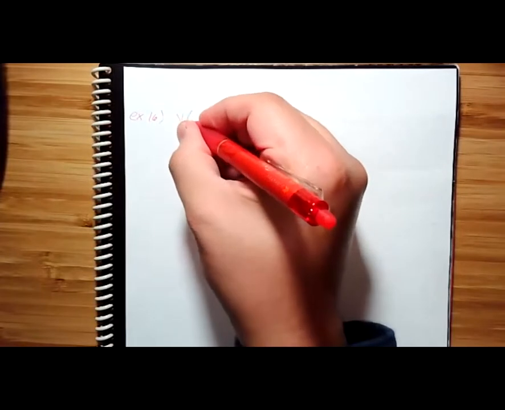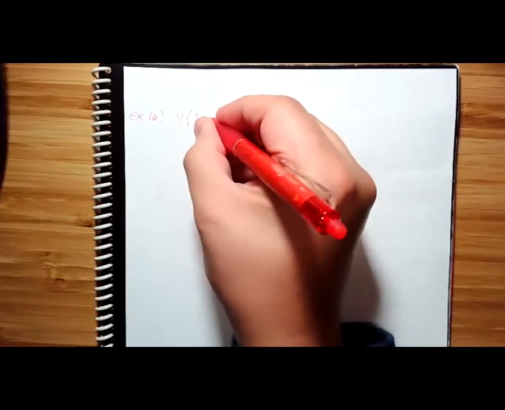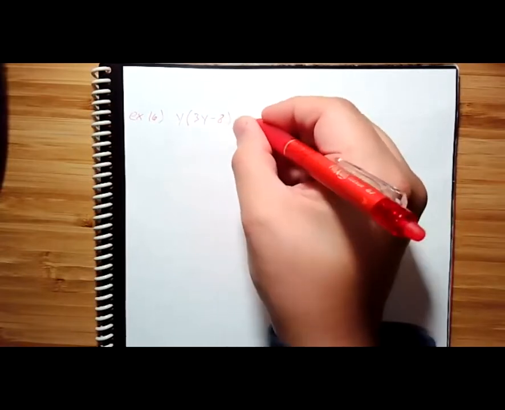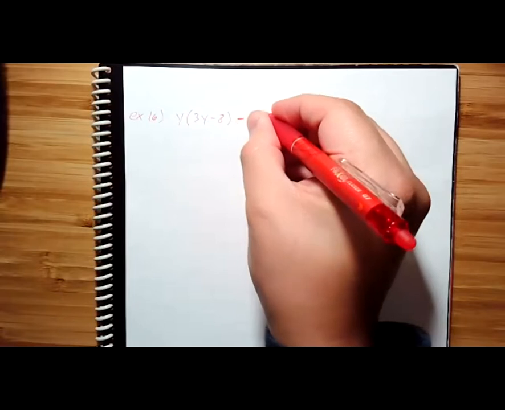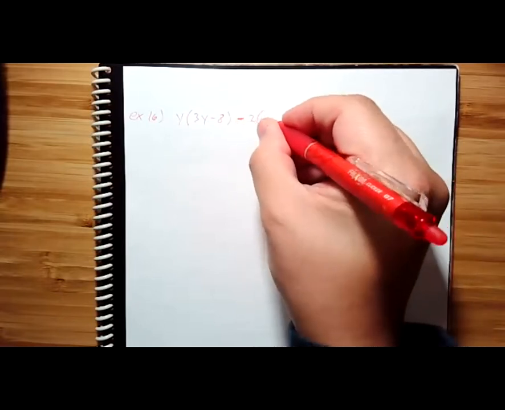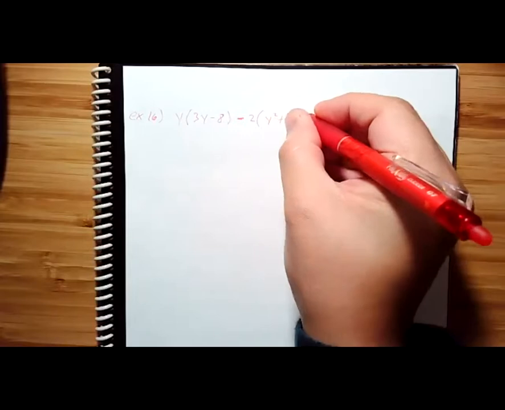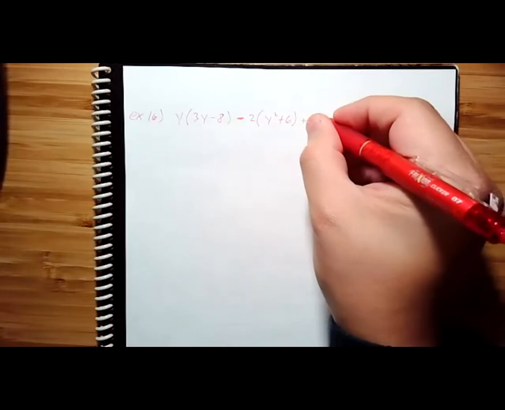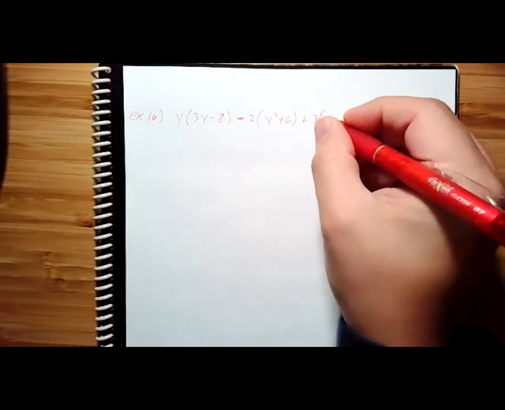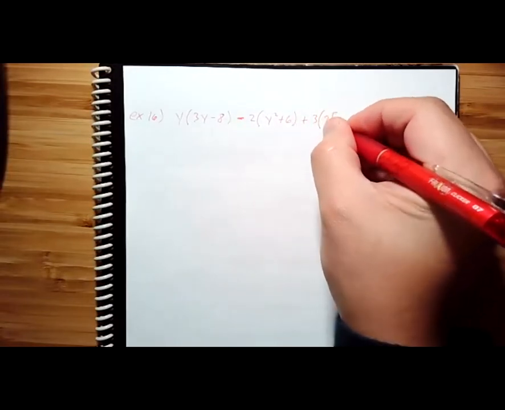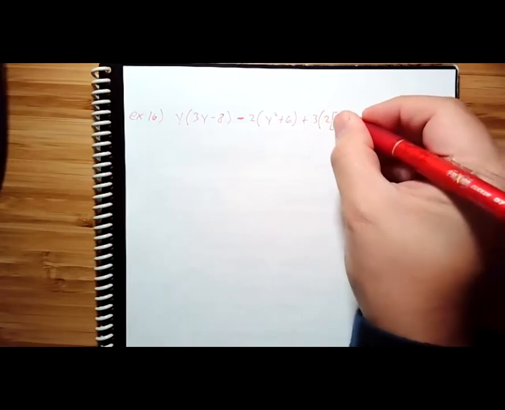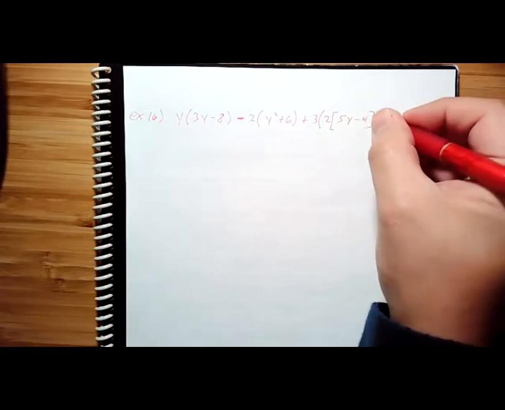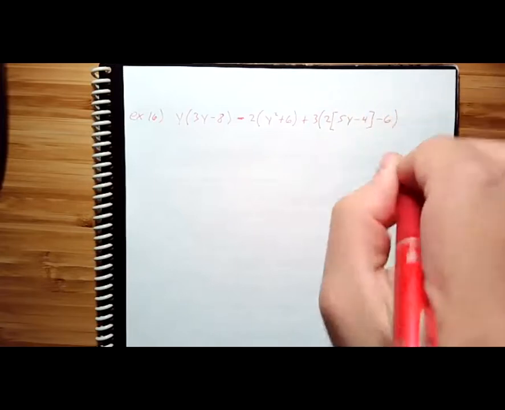So y times 3y minus 8 minus 2 times y squared plus 6 plus 3, open parentheses, 2 open brackets 5y minus 4 close brackets, minus 6 parentheses.